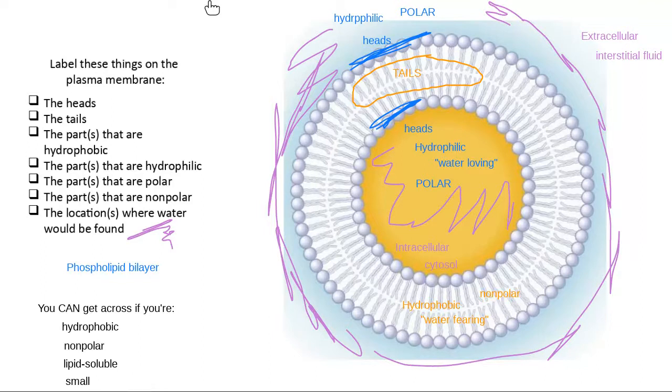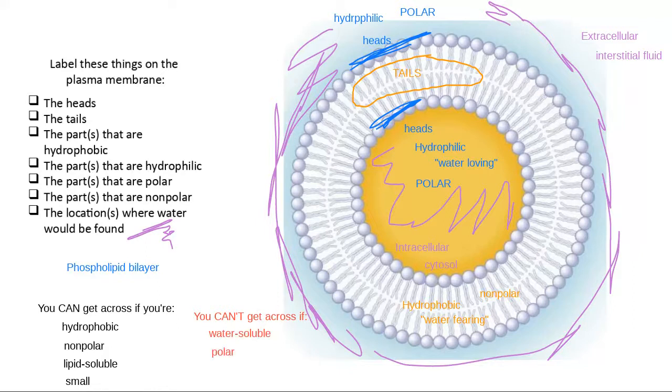Hey, let's make a list while we're at it of the words for you can't get across. You can't get across that membrane if, yeah, if you're water soluble, absolutely. So if you like to float around in water, no dice.